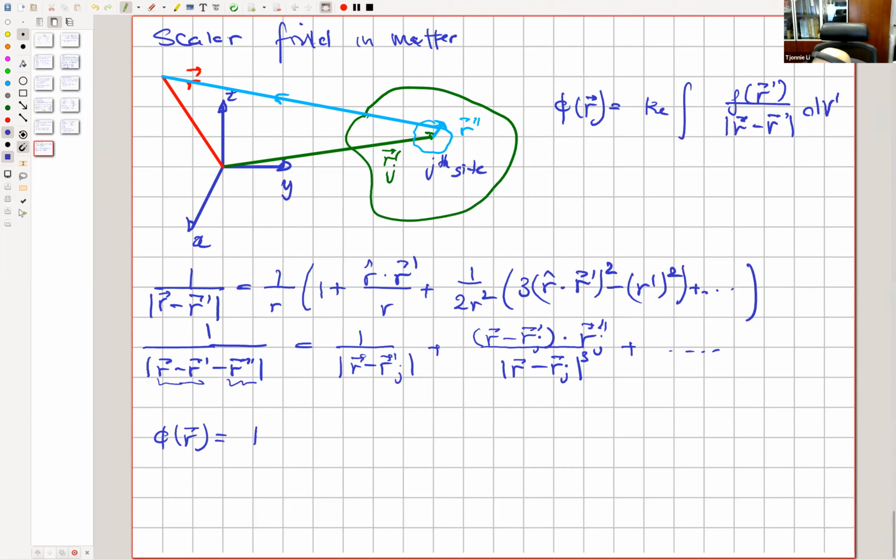Well, that would be Ke times the sum of all the different molecules, all the different sites, integrating rho as a function of double prime, because we're only considering the charge density inside my molecule, and now it's divided by R minus r prime j minus r double prime j, dv double prime j.